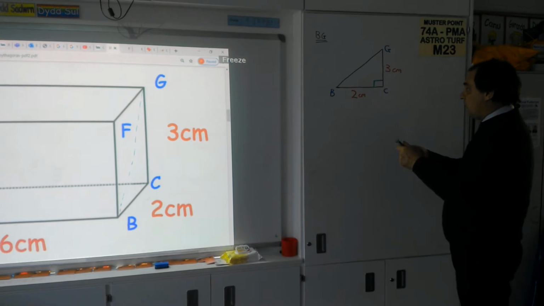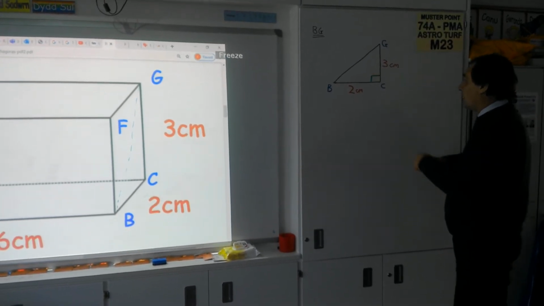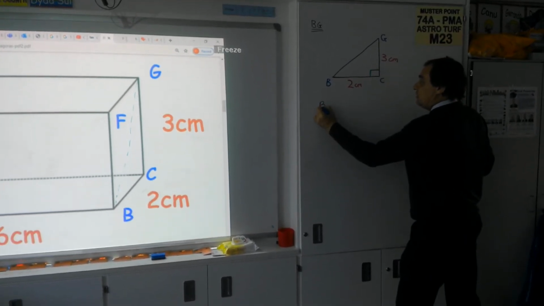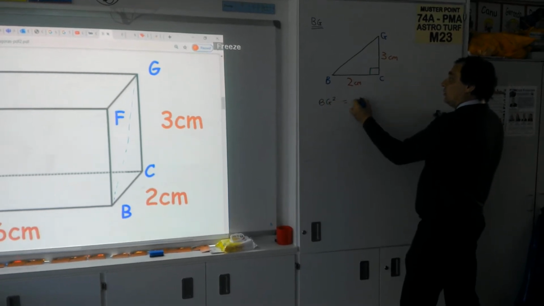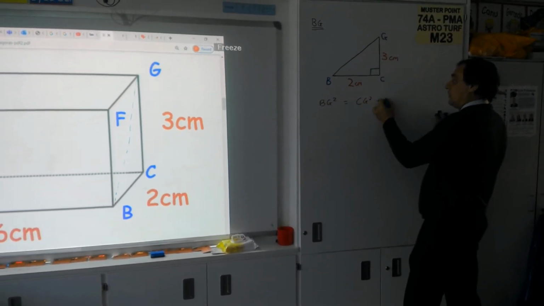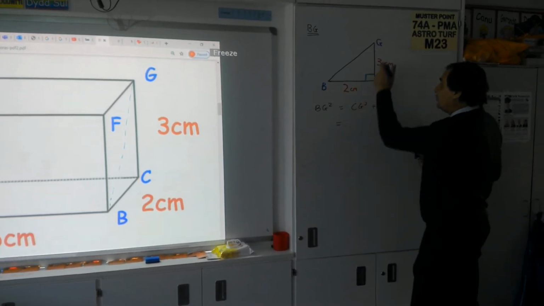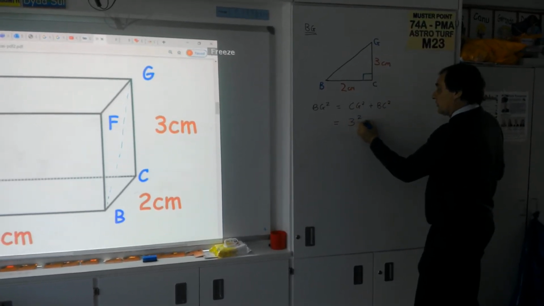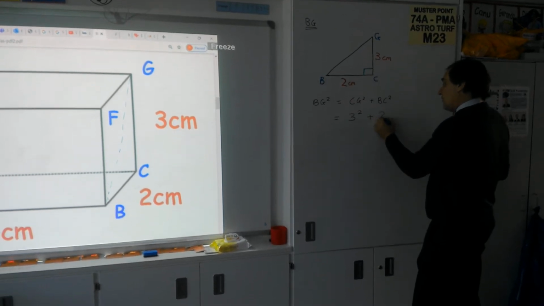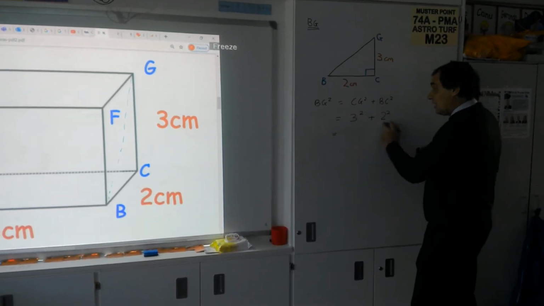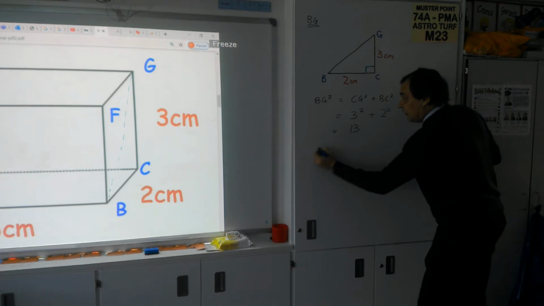We're trying to find the hypotenuse, so we're going to add. First of all, we could say BG squared is equal to CG squared plus BC squared. Using our Pythagoras, CG is 3 squared plus 2 squared. So that gives us 9 plus 4, which gives us 13.